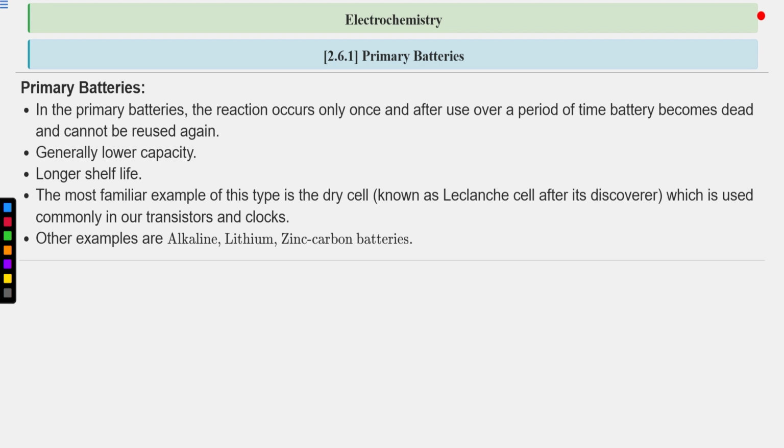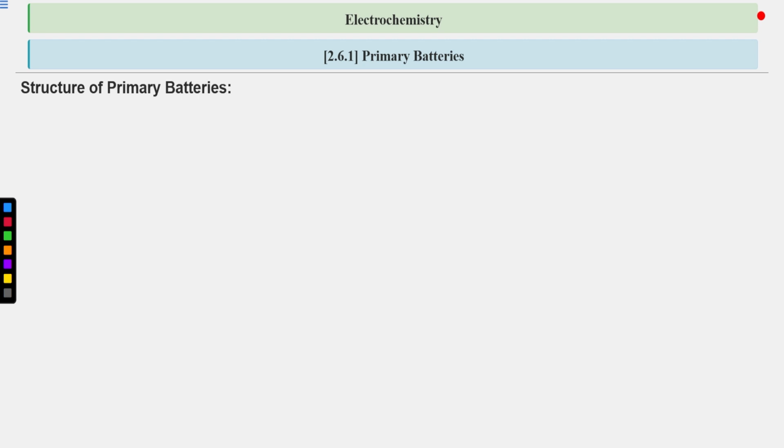The other examples of primary batteries include alkaline, lithium, and zinc carbon batteries. Okay, alkaline metal batteries, lithium batteries, zinc carbon batteries. So these are the examples of primary batteries.